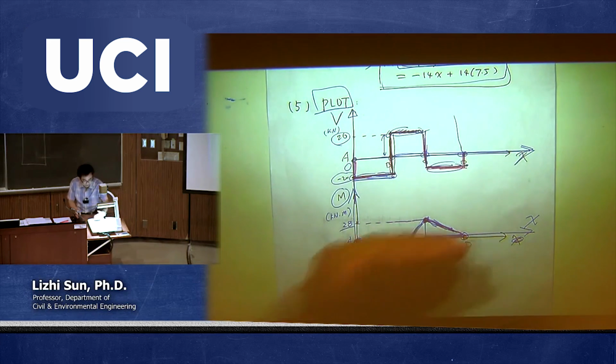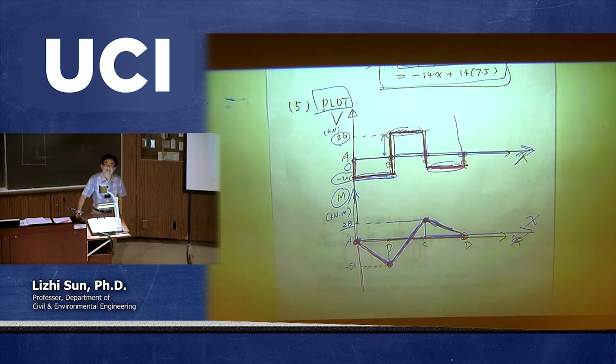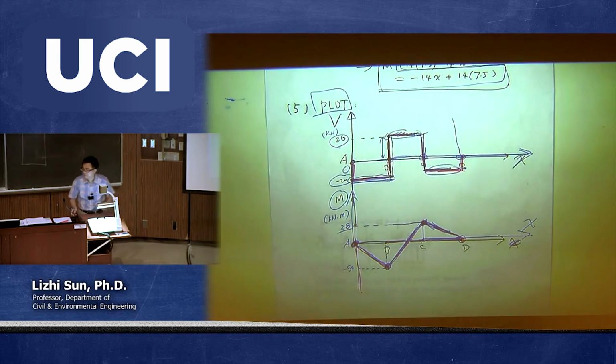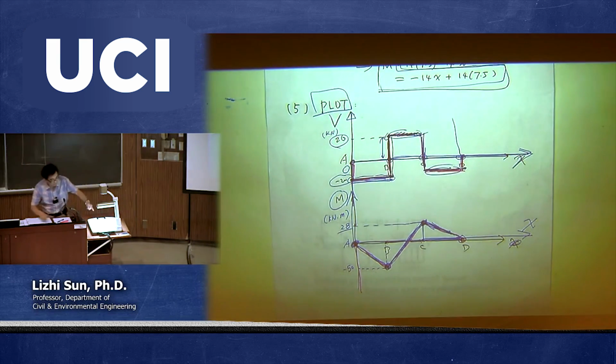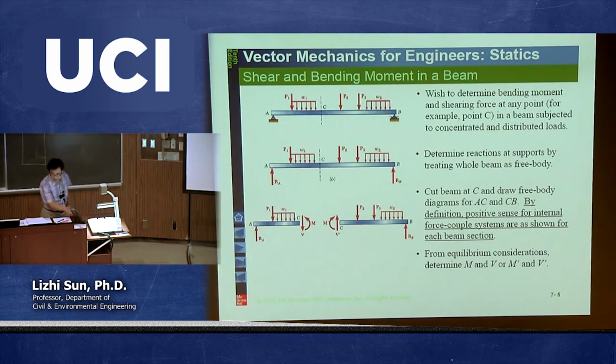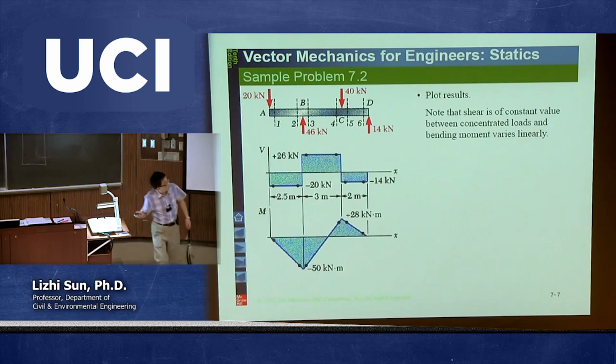And now you have plotted all the moment distributions for the entire range, for the entire beam. So this is called the moment diagram, and this is called the shear diagram. I'm going to switch back to my slide just to show you again the solution, this one. So, okay.